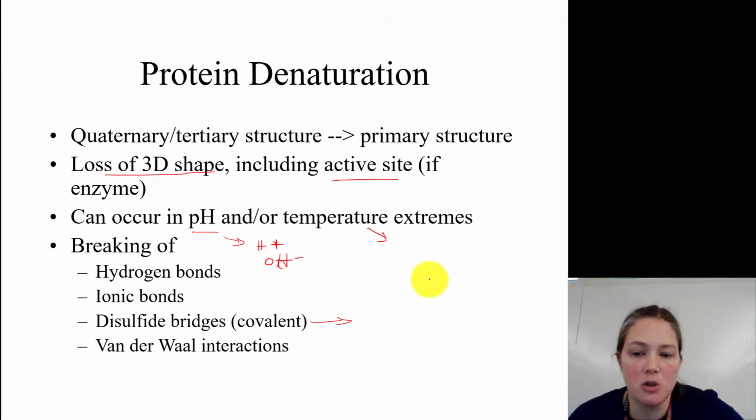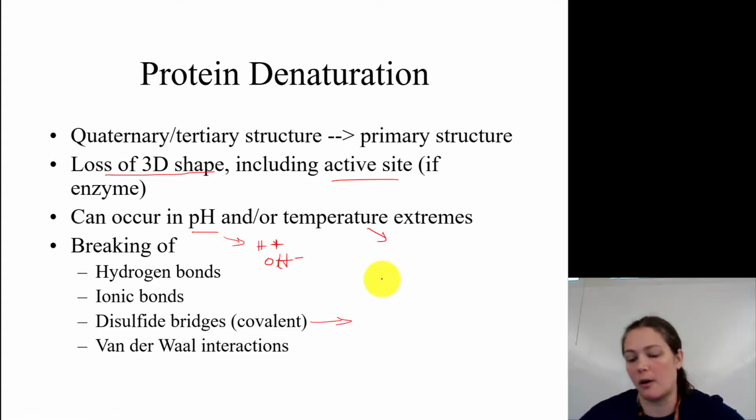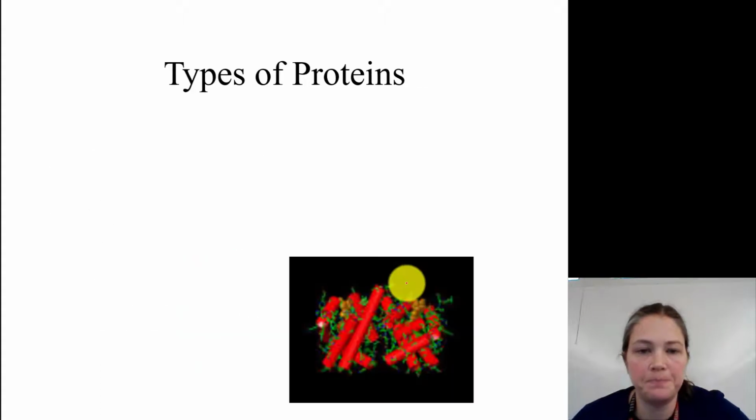So an example of denaturation would be when you cook egg white in a frying pan, right? The proteins used to be present in that solution, and they were liquid and translucent. And when you cook it, they become solid and opaque, and we can't go backwards from that, right? So basically what happens is those proteins unfold, and then they cross-link with each other, and there's no going back from that in egg white anyway.